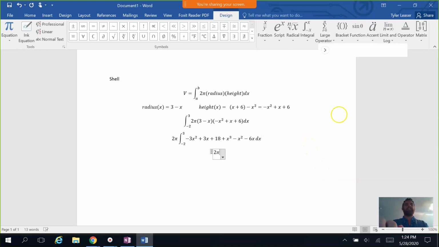All right, we'll combine all the like terms together, and we'll do our antiderivatives.